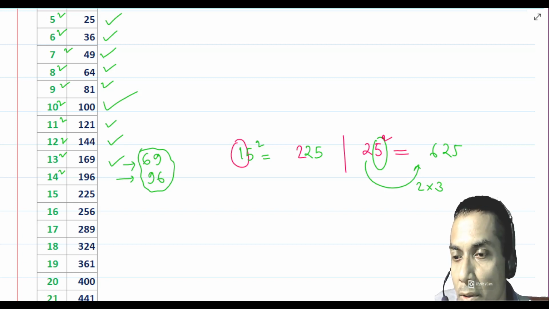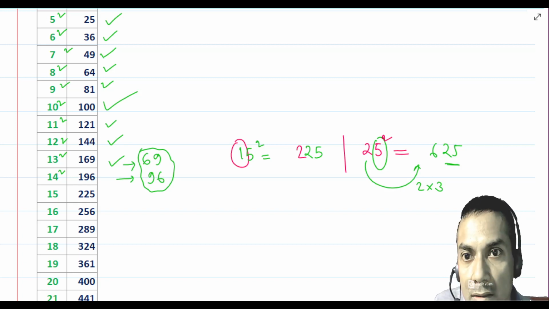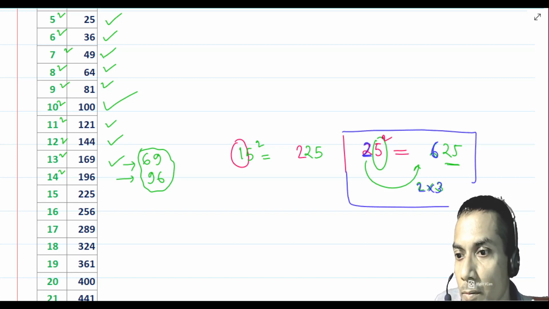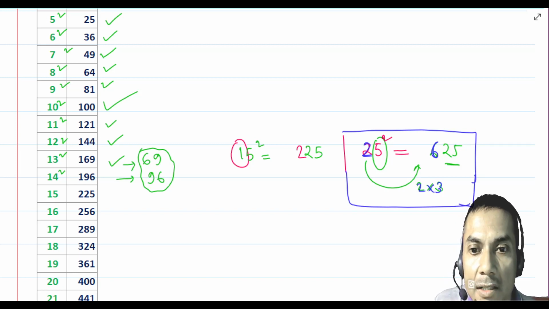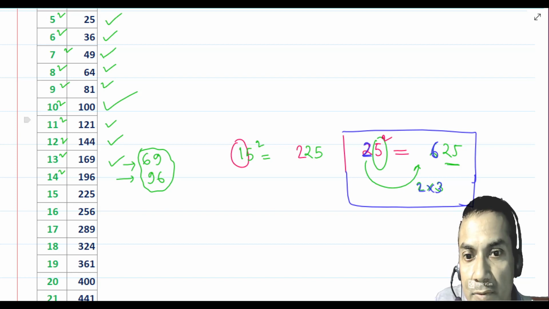You have to write 25, and the rest, whatever value remains, you multiply with the next value. 2 multiplied by 3, we get 6. So 25 square is equal to 625. So any value with the unit digit 5, the square is very simple. So no need to remember this in case where the unit digit is 5. Clear?